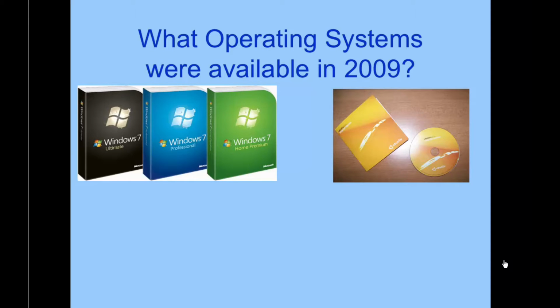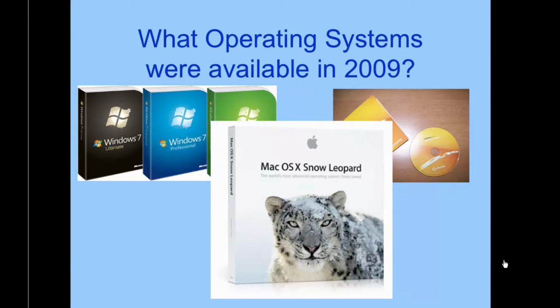But what was available on the Macintosh? Why, it was none other than OS 10.6 Snow Leopard. Yes, folks. When we're talking about Intel Macs, I have to say this is my favourite operating system that Apple put out.